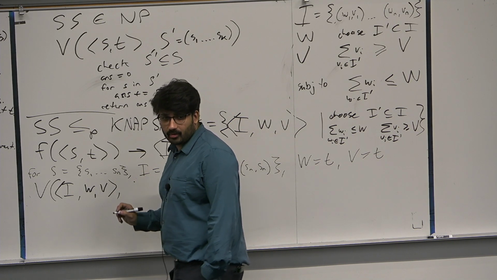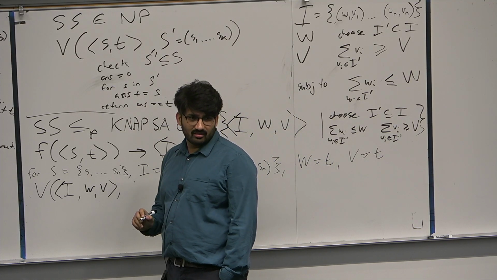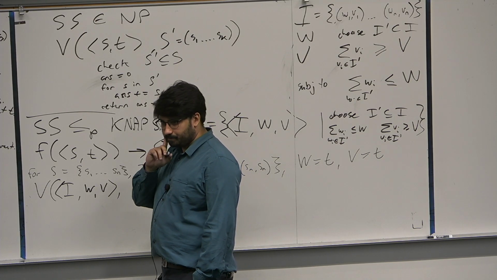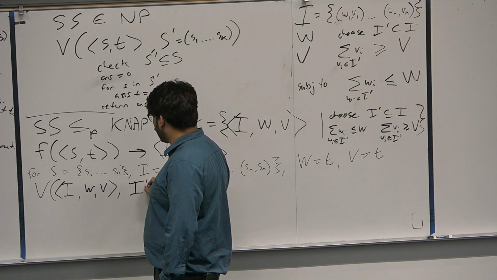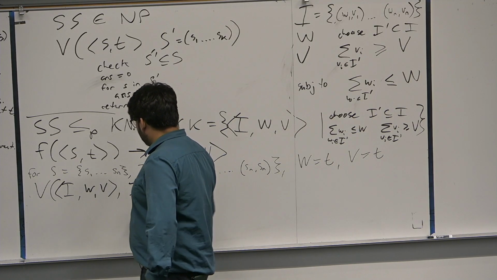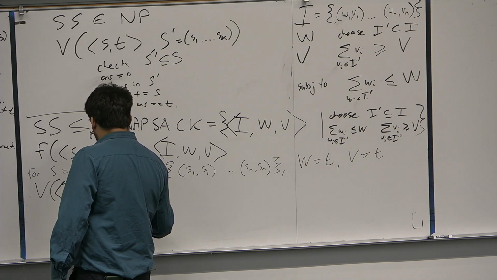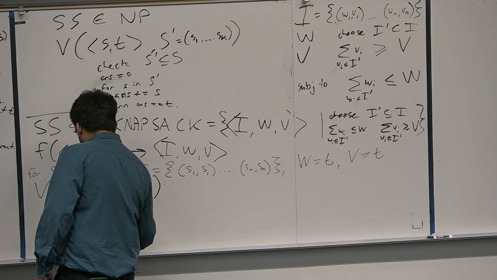In the search problem of knapsack, what is returned? Yeah. Not too complicated. So first you're going to check that all the items are actually items of the input. Then you check the two sums.